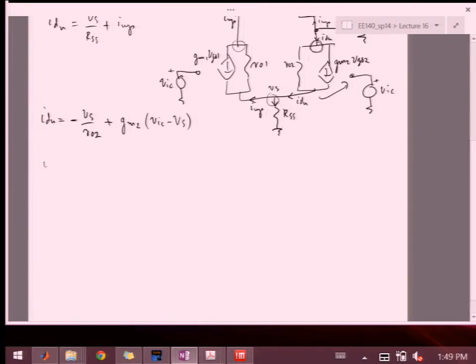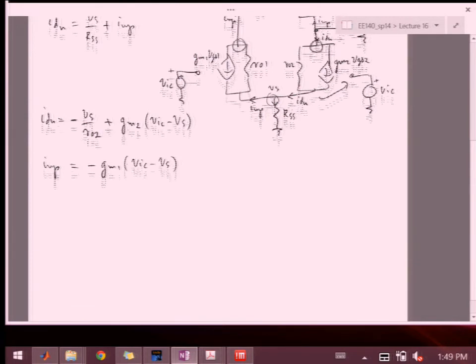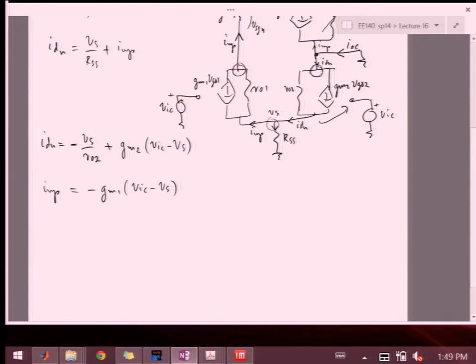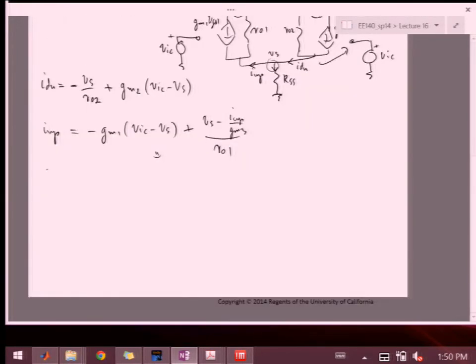So we did the KCL for this node. And then for I up, we're going to do KCL on this node over here. And that's minus GM1 VIC minus VS. So that's this current. And then we have the current through RO1 plus VS minus I up over GM3 over RO1. So from this one over here, we get that I up, or let's write it a little bit differently.